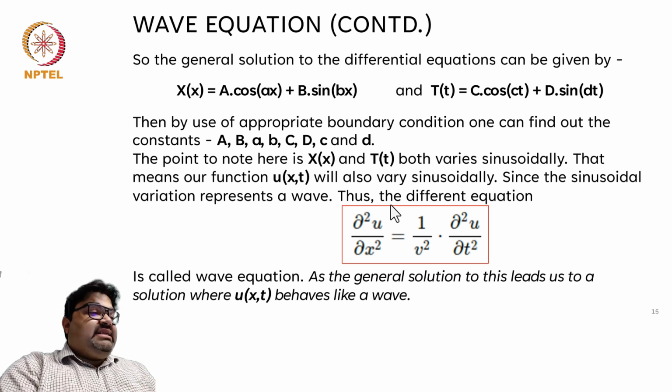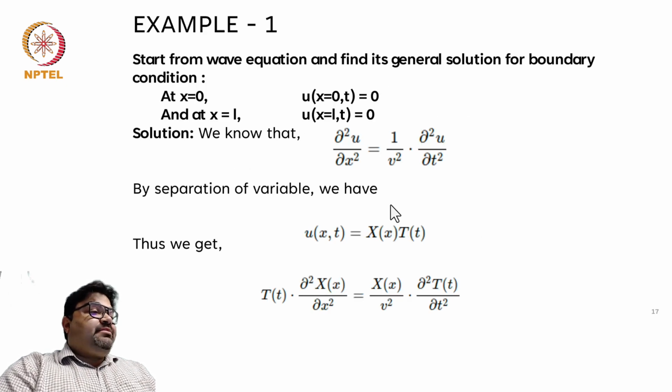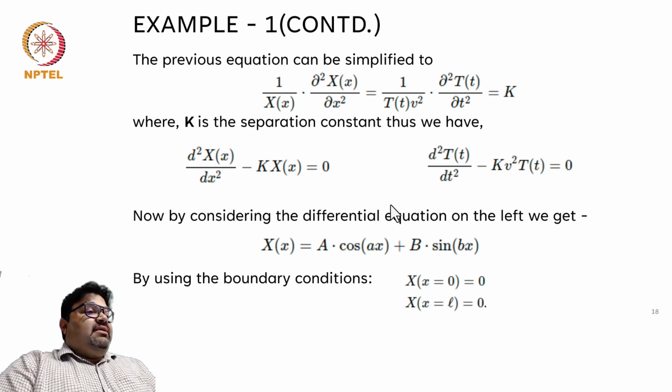If you keep solving that, by doing the standard separation of variable technique, we finally arrive at the x, the spatial component, being nothing but a superposition of sine and cosine functions with two constants A and B and two more constant parameters, small a and small b.